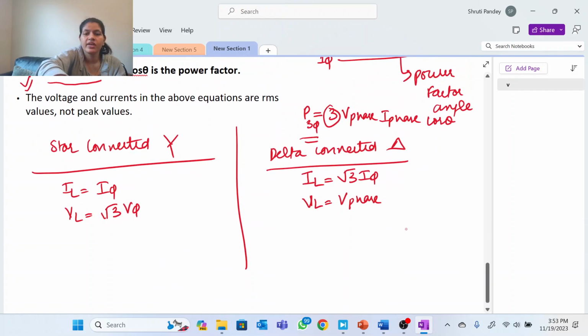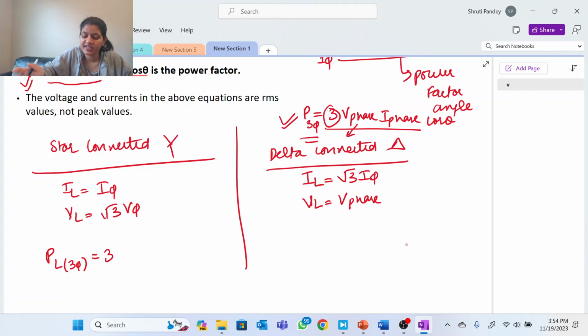Okay, so now we have this power term in terms of phase, and now if I want to convert it into line, so it will be P line, right? So all 3-phase line power will be, I'm going to take this, so it will be 3. In place of V phase, I want to convert it in terms of line.